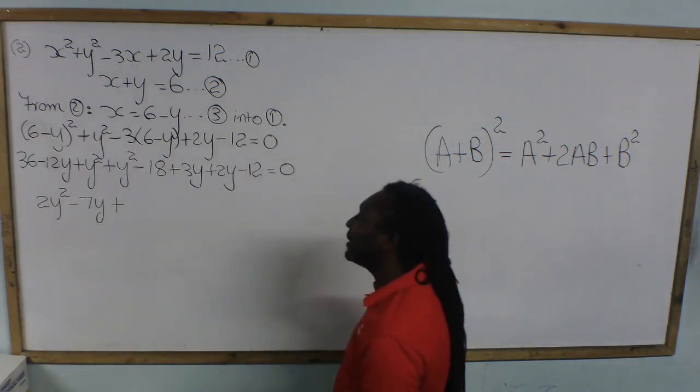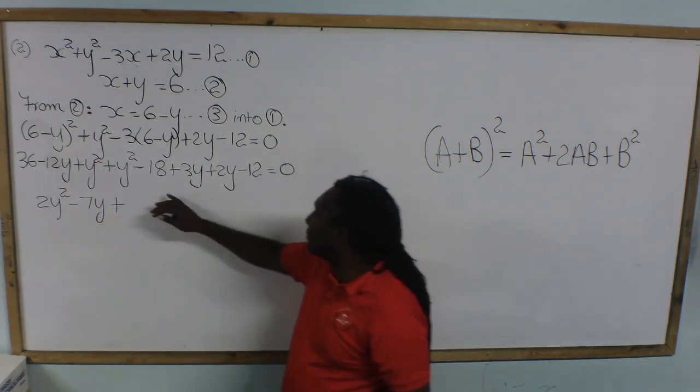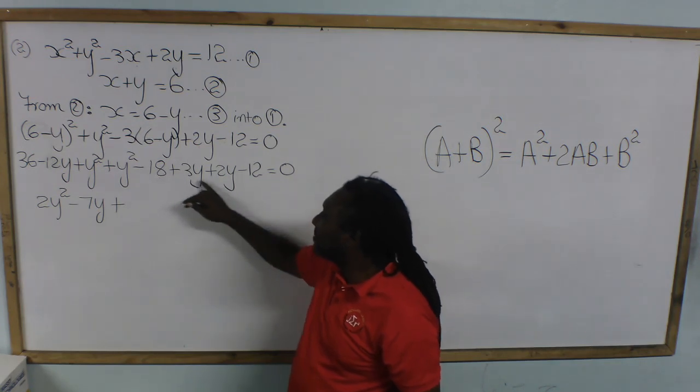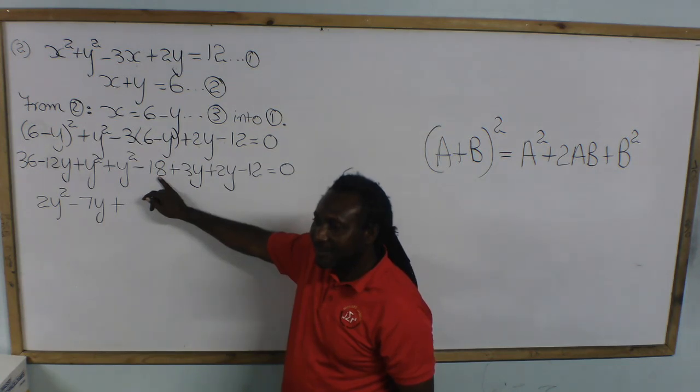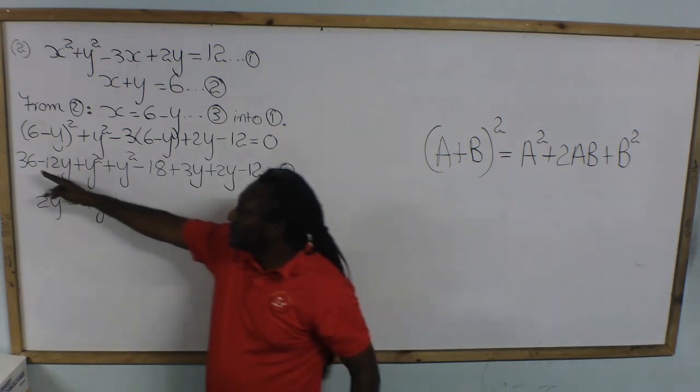Then plus negative 18 minus 12. When you put those together, you get negative 30.